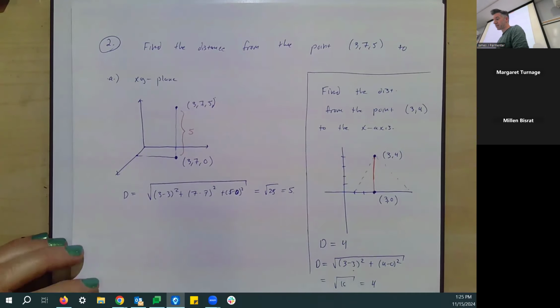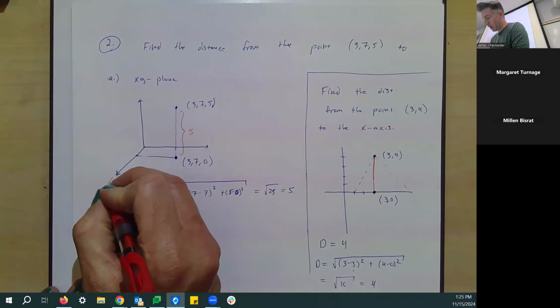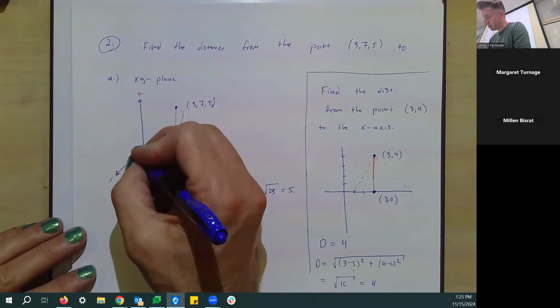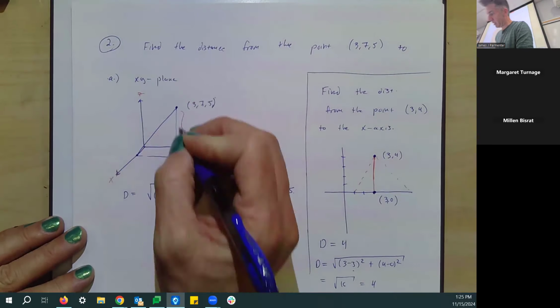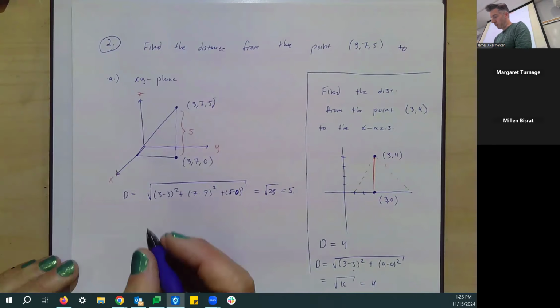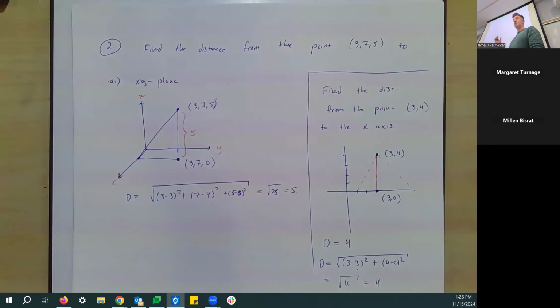Going to an axis is a little bit different. So if I want to go to, say, the x-axis, then I'm looking at that distance there. But really, I'm just thinking about the point on the axis I need to find the distance to. So just like when we dropped down to the xy plane, the z coordinate became 0 and every other coordinate remained the same.